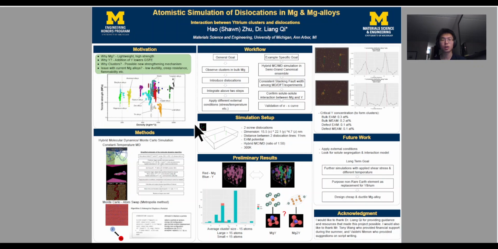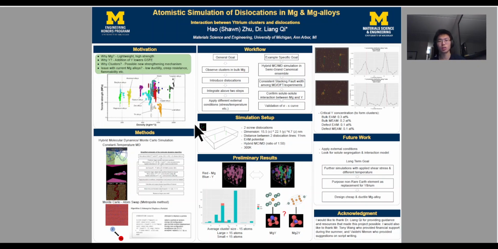You can see, the first figure is the evidence of existence of clusters. The red atoms are magnesium, while the blue ones are yttrium. And you can see they like to form in small groups rather than large groups, which are called precipitates, or randomly dispersed, which is called the solid solution state.